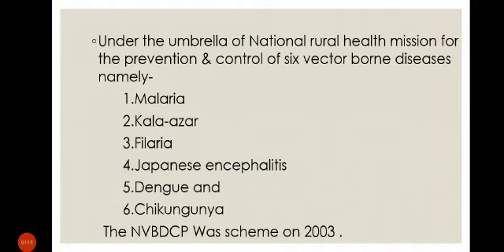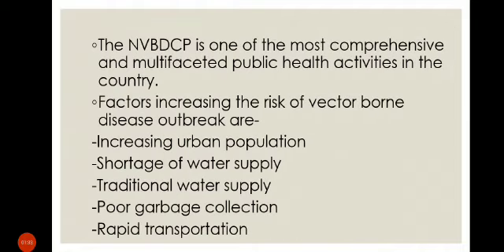Under the umbrella of the National Rural Health Mission, for the prevention and control of 6 vector-borne diseases, namely malaria, kala-azar, filaria, Japanese encephalitis, dengue, and chikungunya, the National Vector-Borne Disease Control Program was scheduled in 2003. It is one of the most comprehensive and multifaceted public health activities in the country.